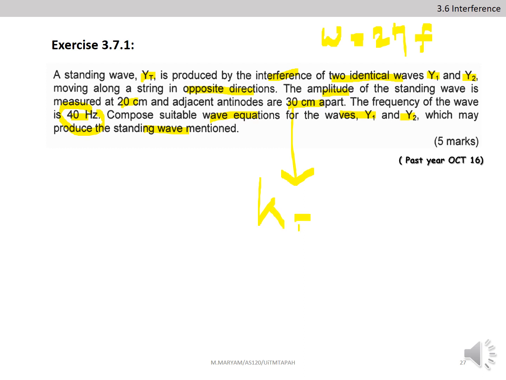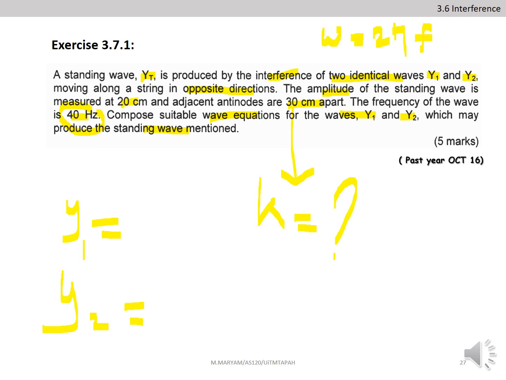Refer to your notes. Okay, let's try to solve it on your own. I already gave all the hints. You just find k, then substitute in the general equation of the wave function: what is y1, what is y2. That is what the question asks for. Y1 is A sine kx cos omega t.